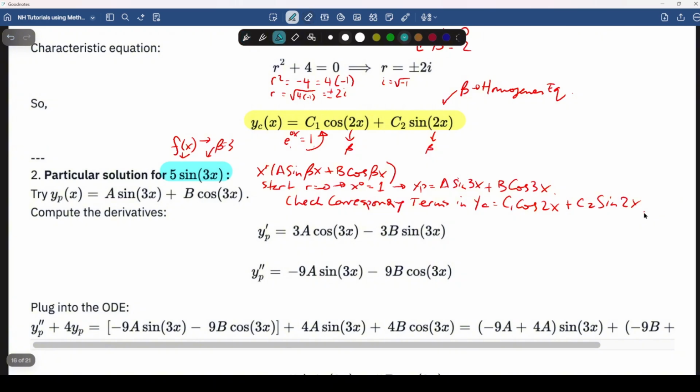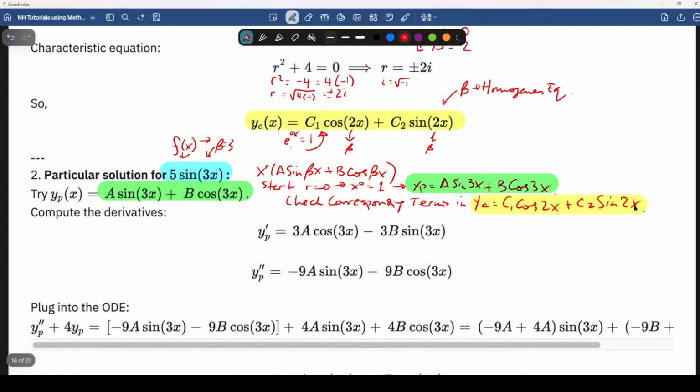So here our yp is in green color and our yc is in yellow color. You can see here our yp contains sin 3x and our yc contains sin 2x. So it's two different things. Okay, so it is different.